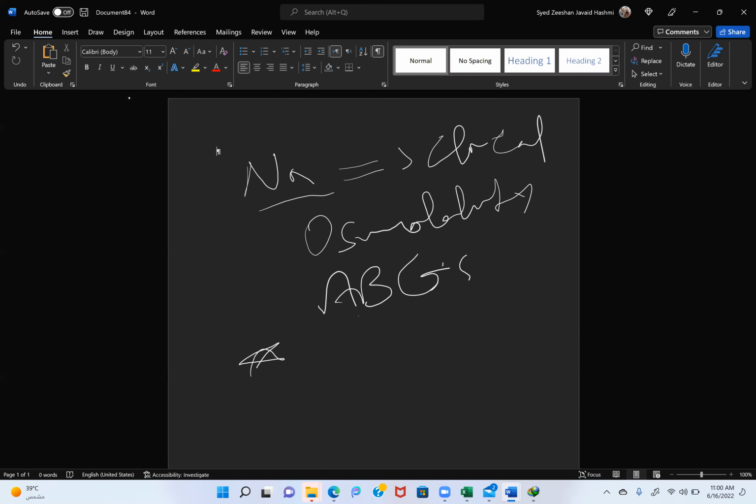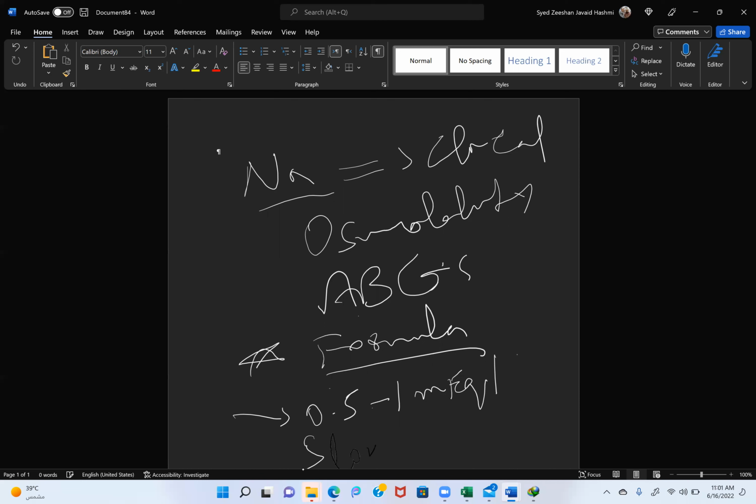I don't remember the formula, but you should know it. The correction is 0.5 to 1 milliequivalent per hour. The basic thing is that you have to replace it slowly. You can give normal saline with diuresis, or you can use hypertonic saline.